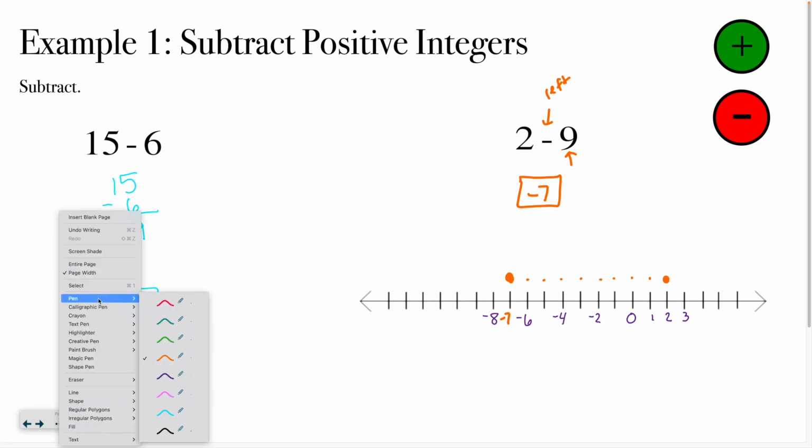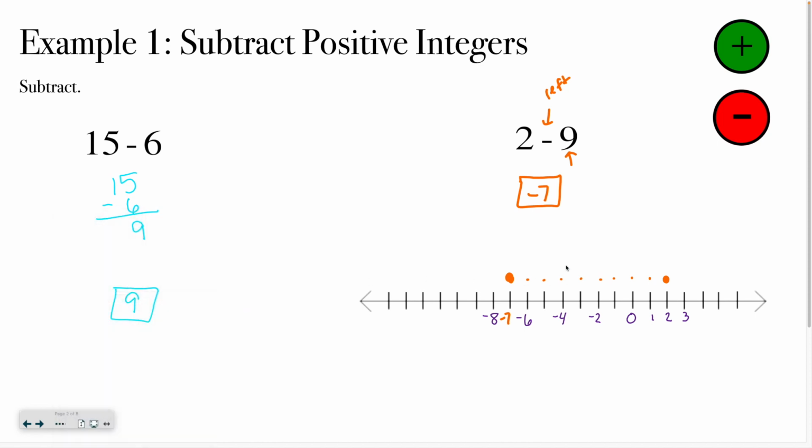Let's say you don't want to use a number line though. How could you solve this problem? Well, you could use those 3 steps that I shared with you yesterday, where we were adding integers together, where I said identify biggest digit. So in this case, that would be 9.